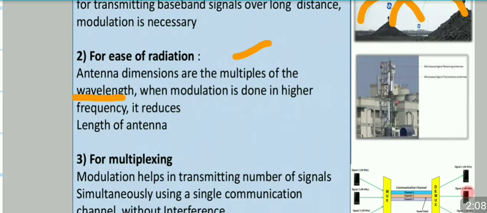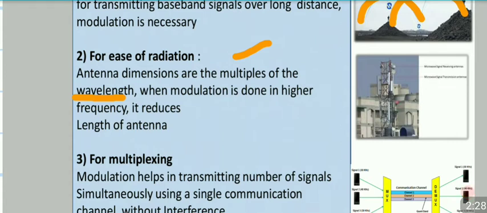That is why if I have a lesser wavelength, the antenna dimensions are also going to reduce. As this happens, designing the antenna becomes easy. So that is why for ease of radiation, modulation is necessary.